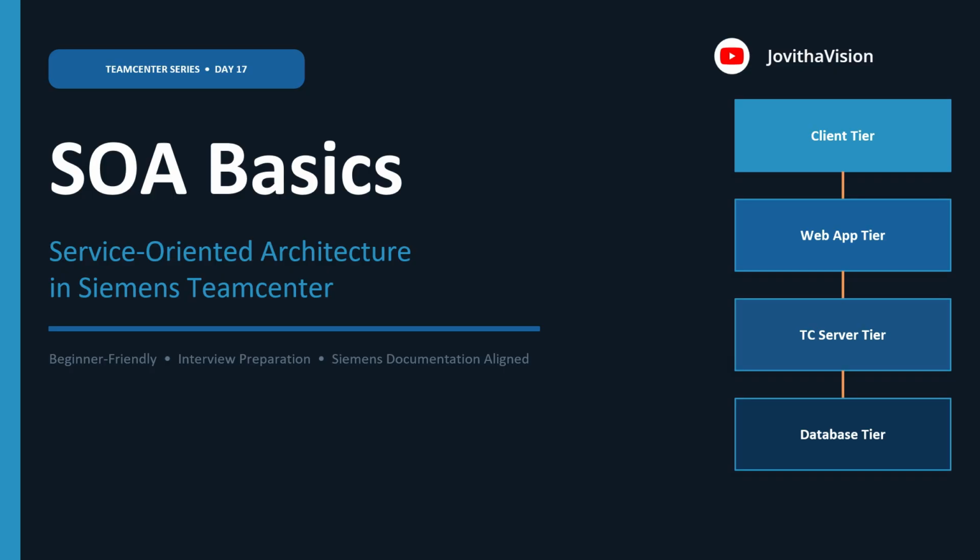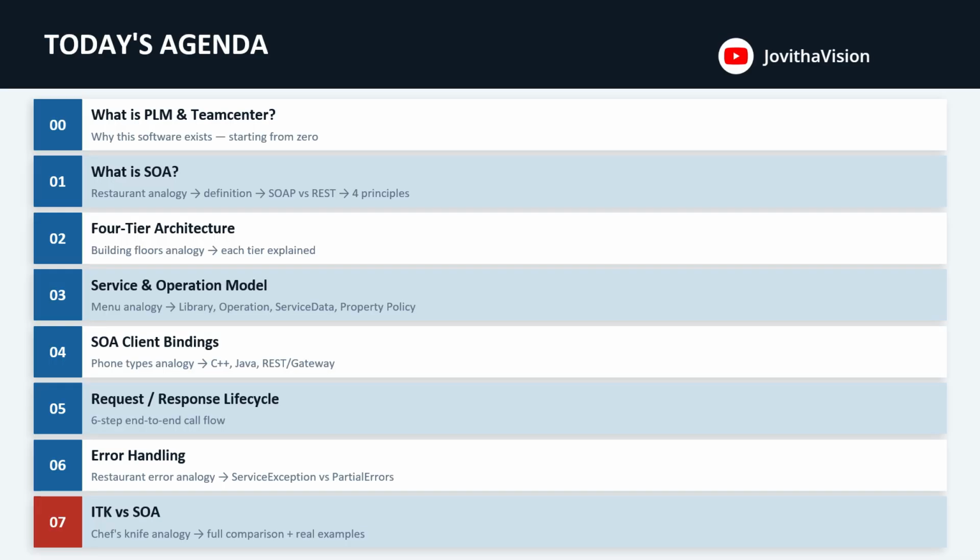Let's get started. Here is our plan for today. In section 1, we'll see what is SOA. We will start from scratch with a real world analogy. In section 2, we'll see four-tier architecture, how Teamcenter is physically organized. In section 3, we'll see service and operation model, the building blocks of SOA.